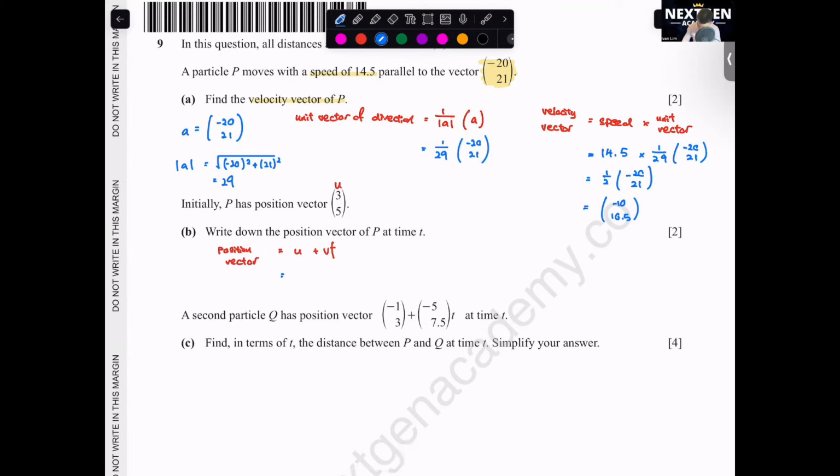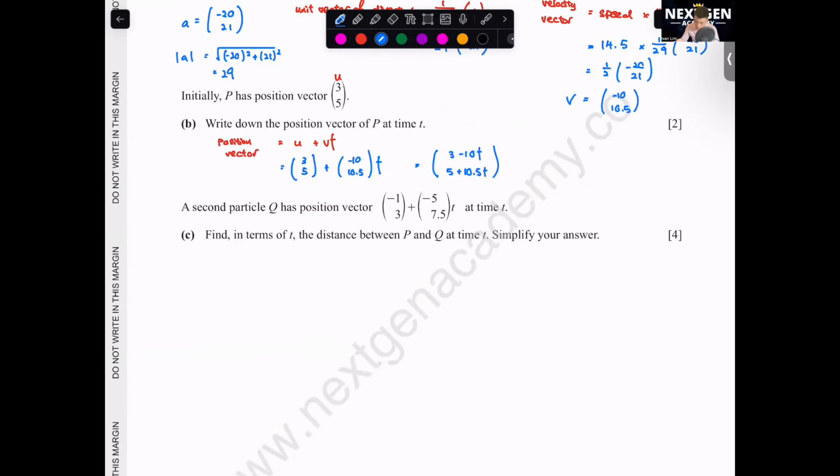U is your initial position, so 3, 5 plus V. What is V? From the previous question, negative 10, 10.5 t. You can open up this bracket here also if you want. Not necessary, but you can just open this up.